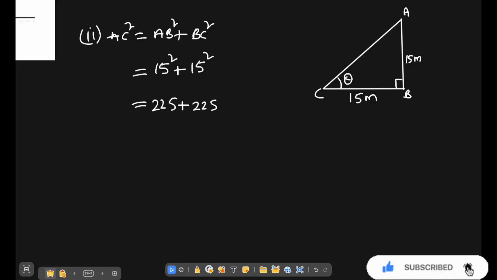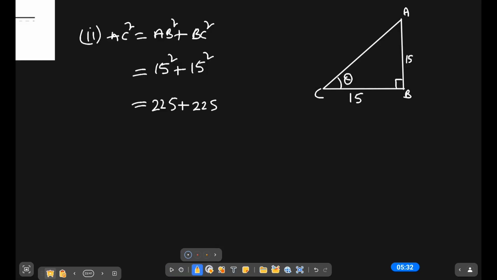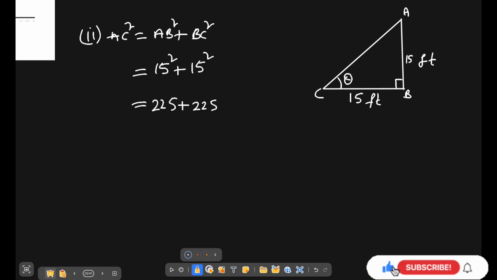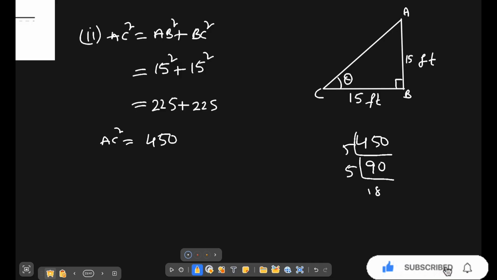These are in feet, right? So 225 plus 225, AC square is equal to 450. Let us prime factorize 450: 5 nines are 45, 5 fives are 25, 2 nines are 18, so 3 threes are 9.